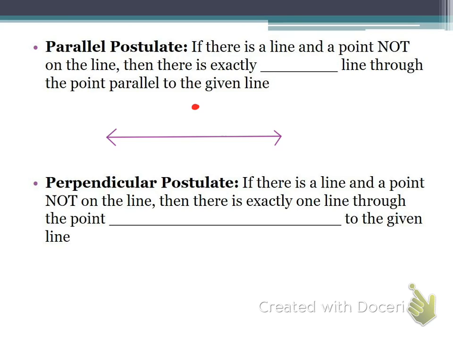Then there is exactly blank line through the point and parallel to the given line. What do you think? How many lines are we going to be able to draw through this point that's parallel to this line we already have? 1. We're going to be able to make 1 line through that point.